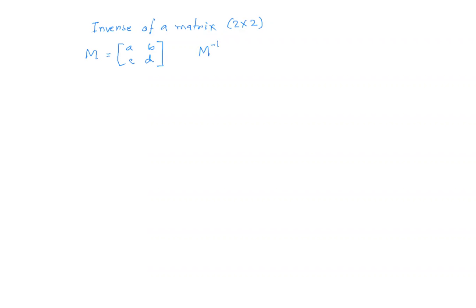The inverse of this matrix is nothing but 1 over the determinant of M, times D, negative B, negative C, and A. Remember this A, B, C, D. So you switch the A and D, and then put a negative sign in front of B and in front of C. That's what it is.